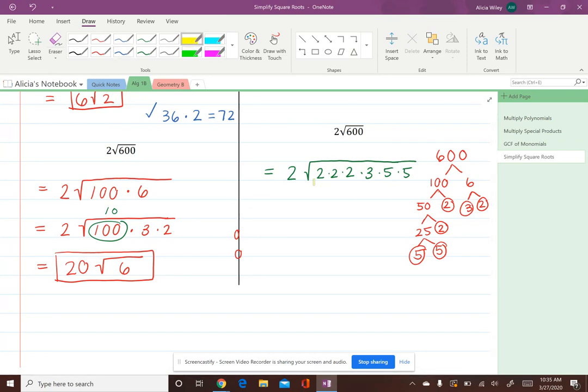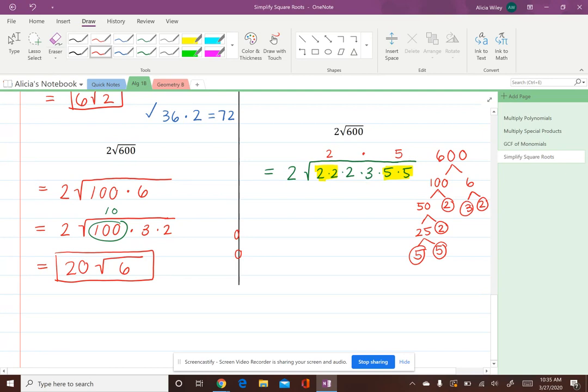I'll use a highlighter this time, change it up. Here's a pair, and here's a pair. For each pair, basically what ends up happening is a number comes out, because 2 times 2 is 4, and the square root of 4 is 2. 5 times 5 is 25, and the square root of 25 is 5. You're going to multiply those numbers that have come out, and make sure to multiply them to this number as well.